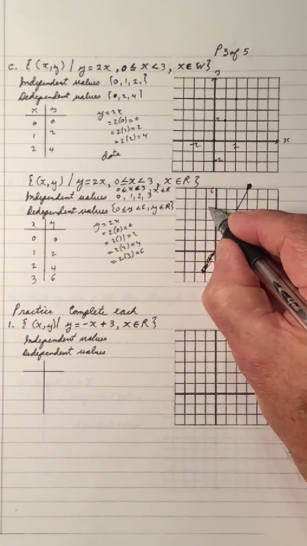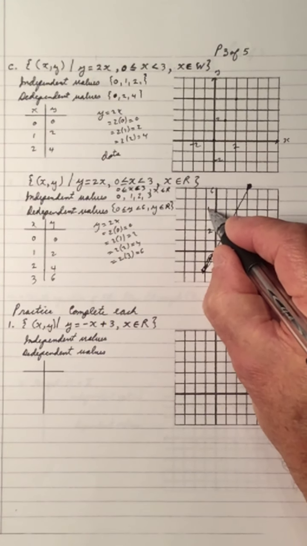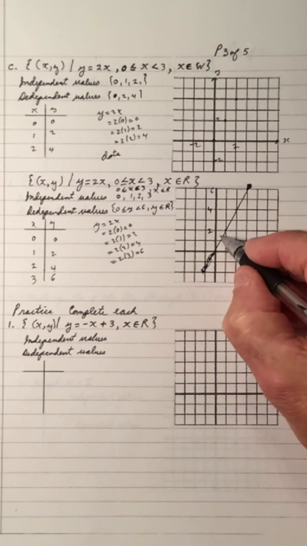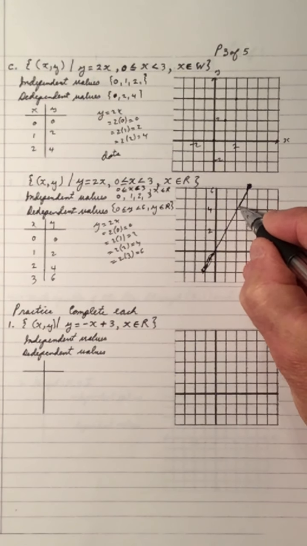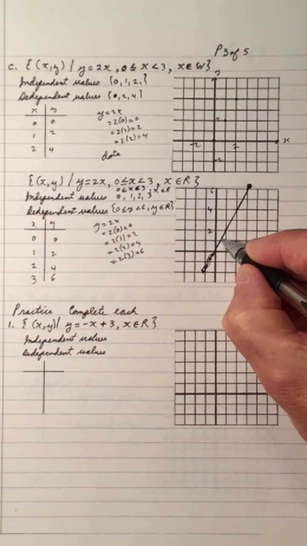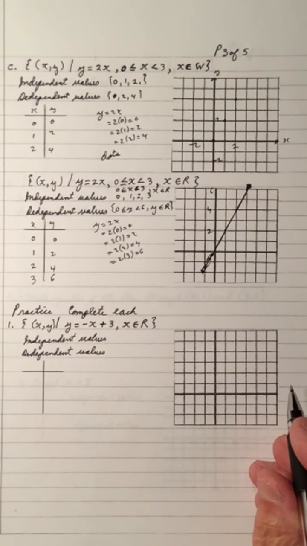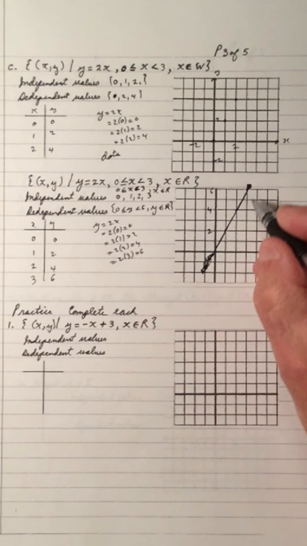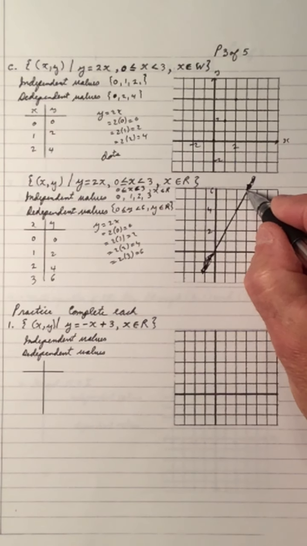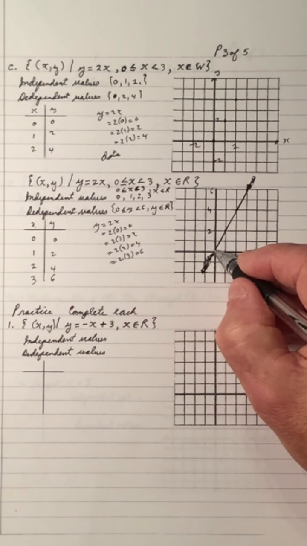That's a 6, that's a 2, and that's a 4. So I can only use this segment or part of the line from there to there. I can't continue on. So I can't go down there, or I can't go up here. I can only go from here to here.